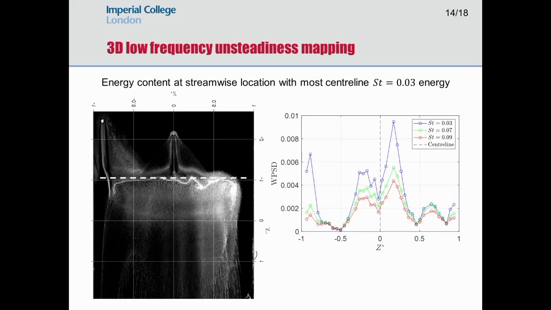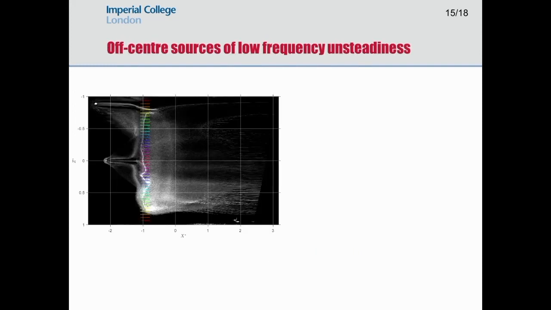Comparing it to our oil flow, this is just one streamwise location, where the most energy was observed at the center line. You can see that as this line meanders, we capture more and less low-frequency power. This big peak corresponds to this point. And we also capture some quite high energy in the low-frequency content in the corner separations.